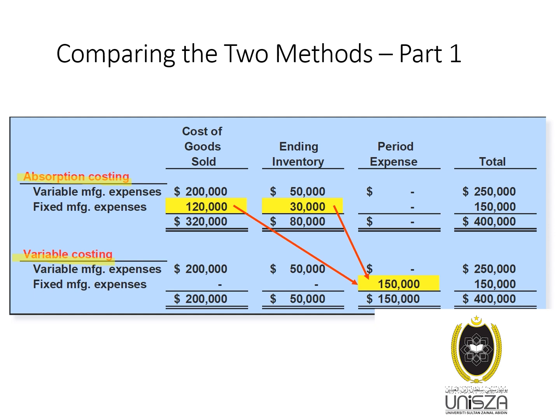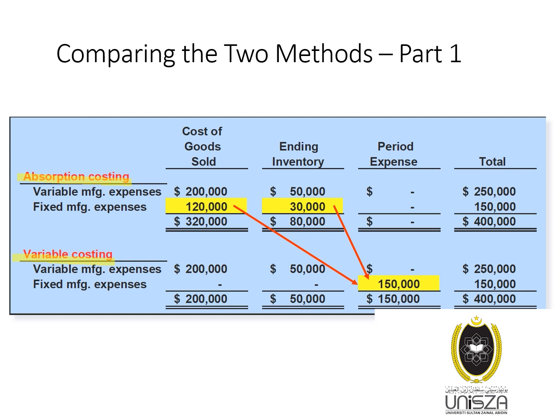Here is the variable manufacturing overhead expenses, 200,000, fixed manufacturing overhead expenses, 120,000, and the total will be 320,000, and we have here the ending inventory of 30,000.